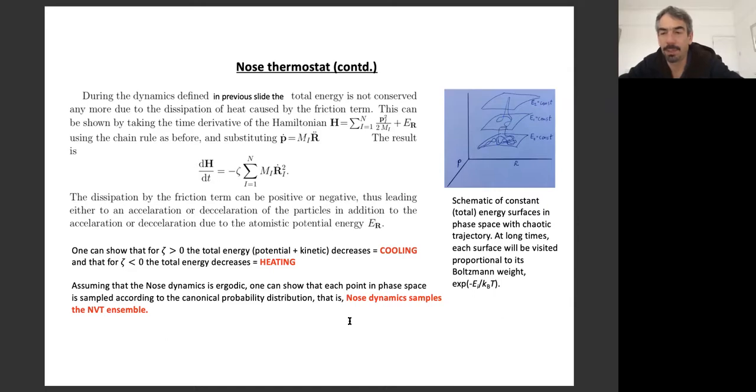It depends which properties you're interested in. Normally I would say you should do an NVT simulation if you're interested in thermodynamic or kinetic observables that you then want to compare with experiment.